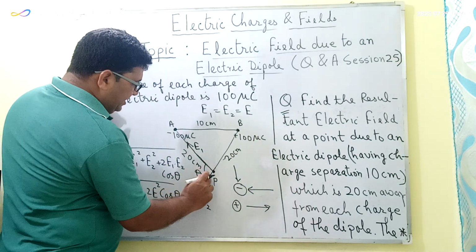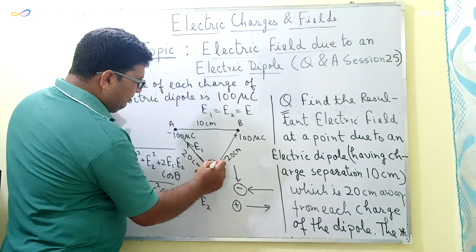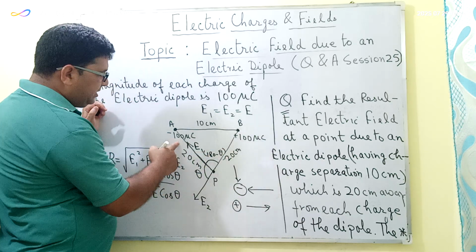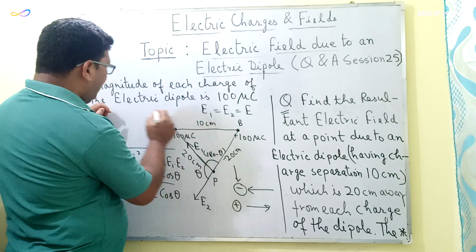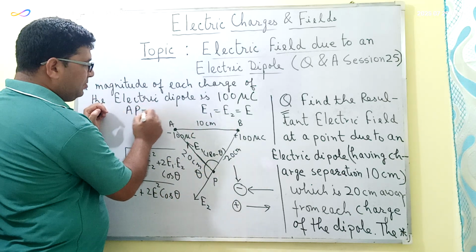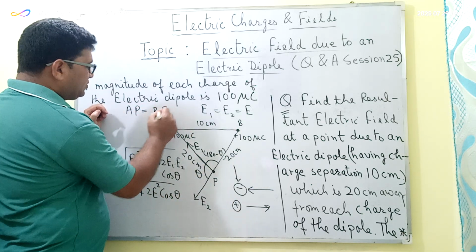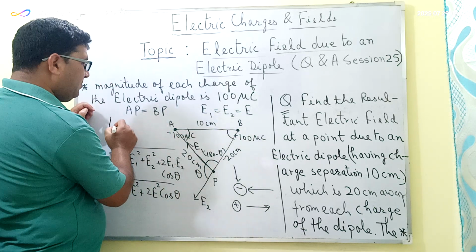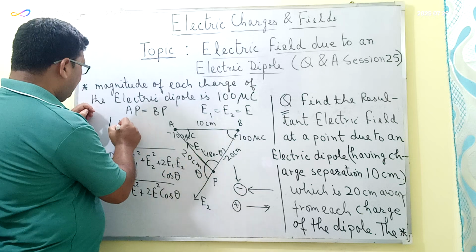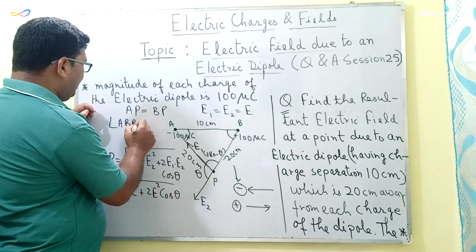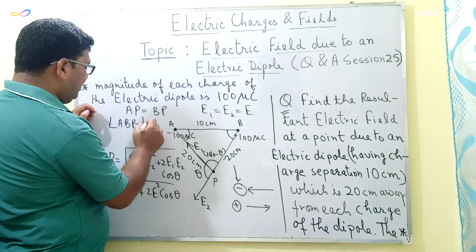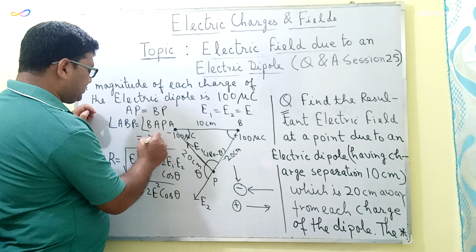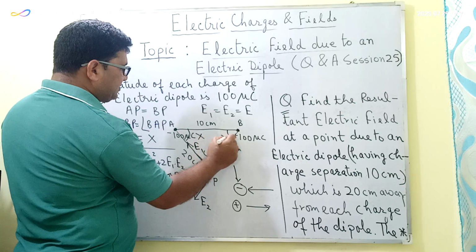Here, if this angle is theta, then this angle will be equal to 180 minus theta. Now these two sides, that is AP, is equal to BP. So angle ABP will be equal to angle BAP. Let us say this angle is equal to x.